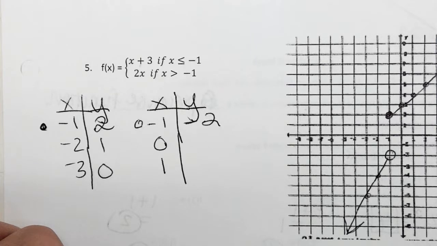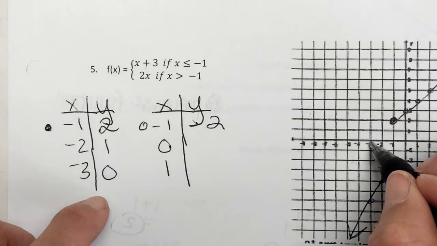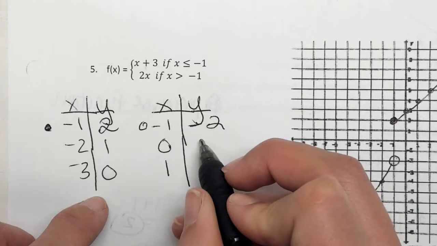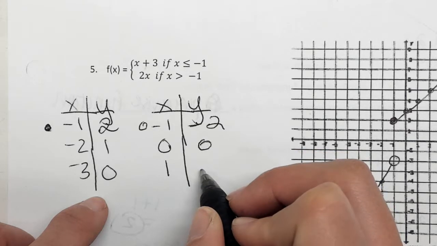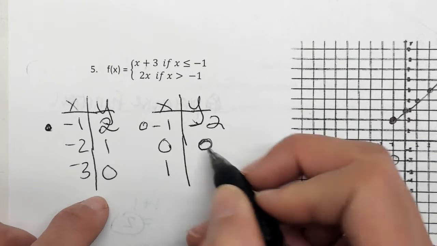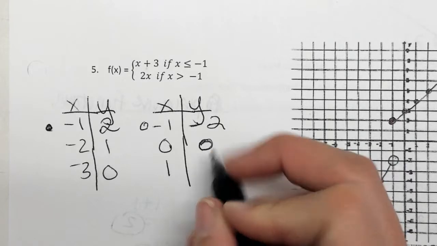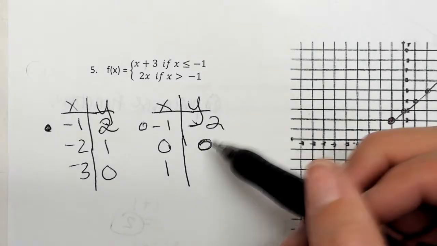Maybe I'm looking at the wrong one. Greater than -1. Let me look at this one. Go ahead and try 6 and 7. I don't know why this isn't working. That's right, Jimmy. I know the points are right.